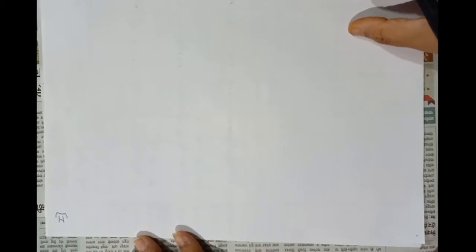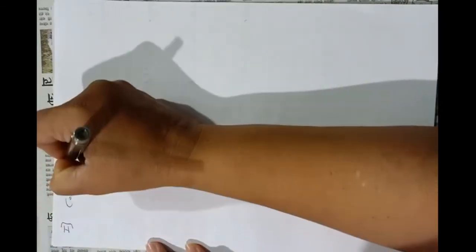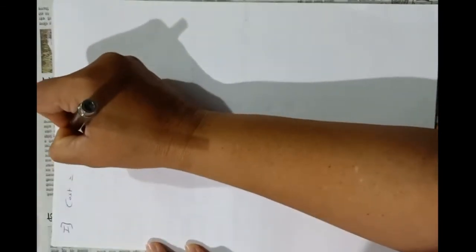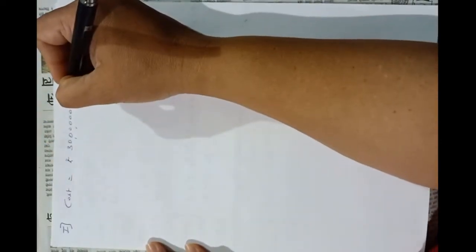Now this is the first example of machine hours. In this example the machine was purchased for rupees 30 lakhs, so cost is rupees 30 lakhs. Residual value and estimated hours are given.